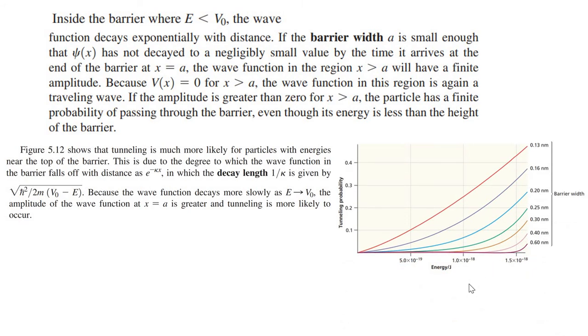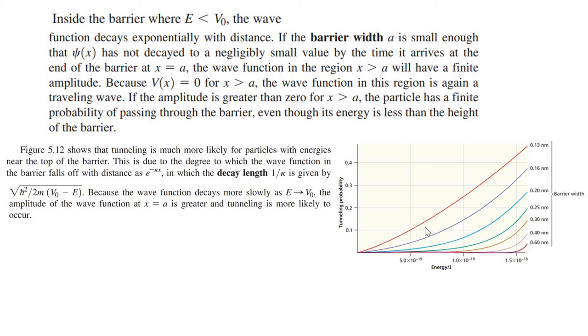So here is a graphical representation of the picture. It's the energy axis, particle energy, and the tunneling probability for different barrier widths. As you know, there is mass, a, the length of the box, and V0, all three are important. So if we vary the a value, that means barrier width, then our picture will be different.